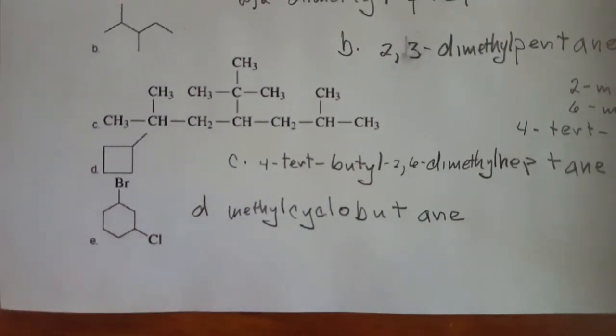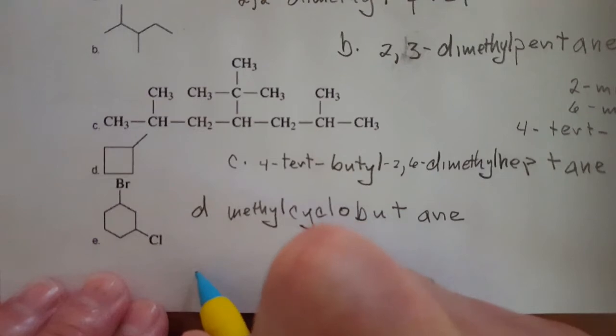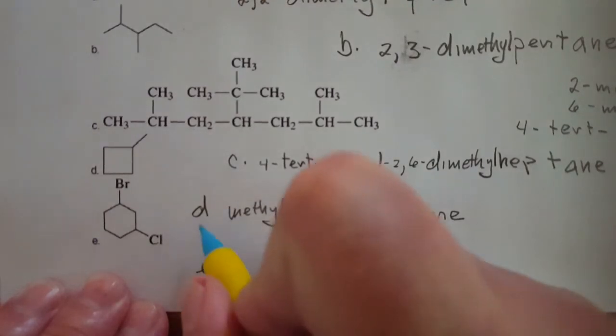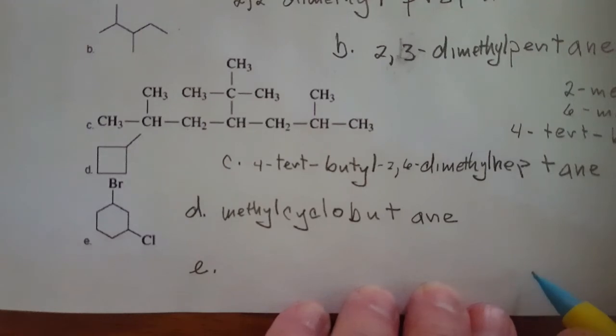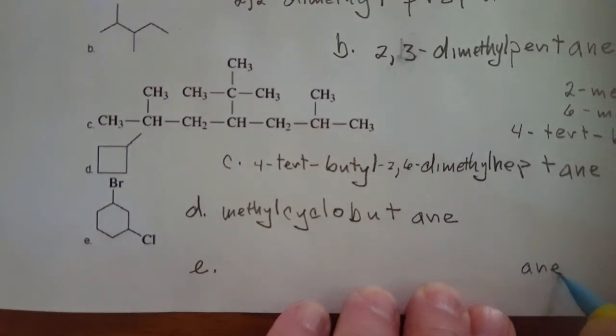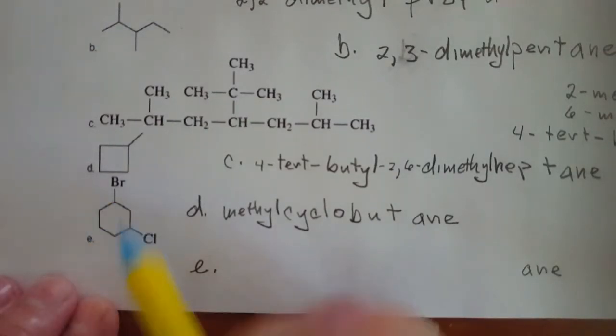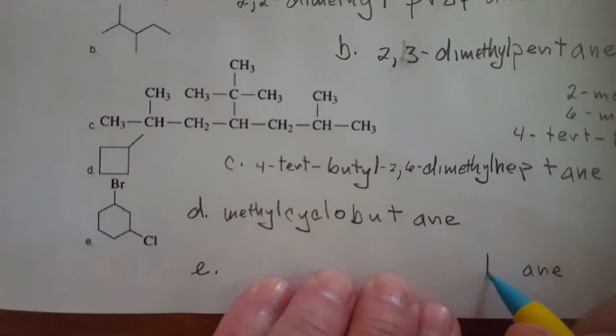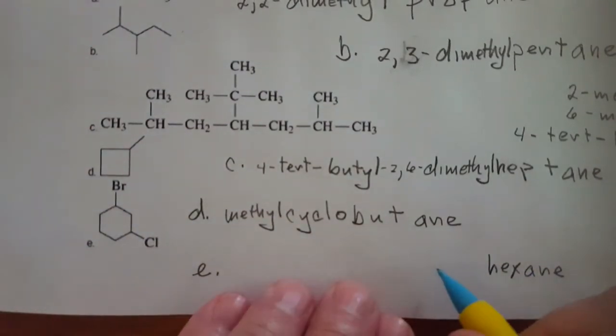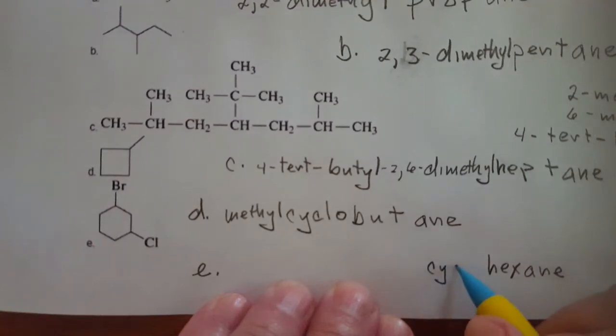And finally, let's do E. Longest chain. Again, it's an alkane, so it's going to end in ane. 6 carbons in the longest chain, so that's hex. They're cyclized, so cyclohexane.